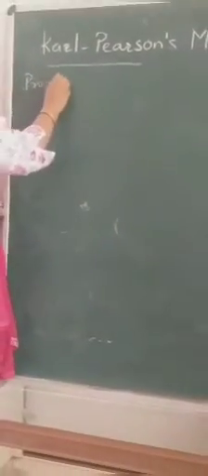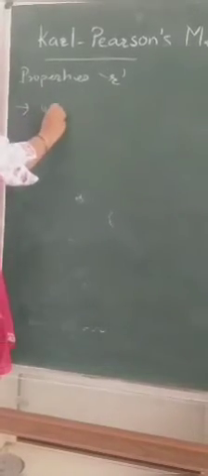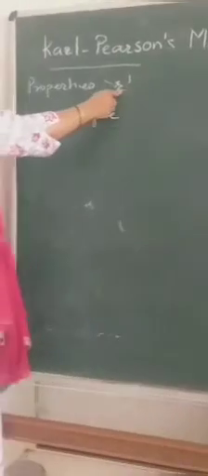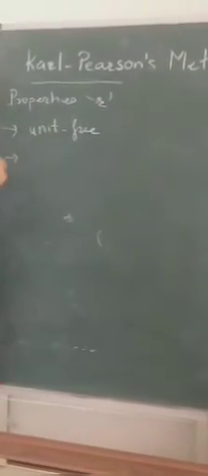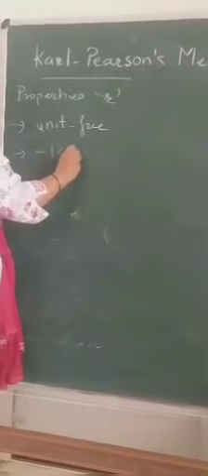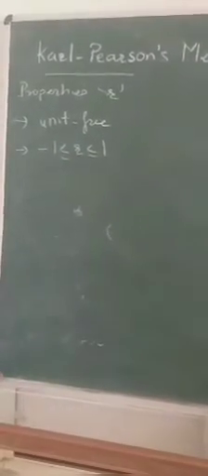Now let us study what are the properties of the correlation coefficient r. First of all, you all know that it is a coefficient. The coefficient of correlation is a unit free measure. Second, the value of r will always lie between -1 and +1.